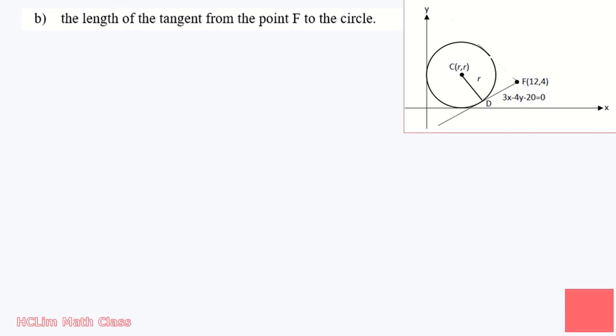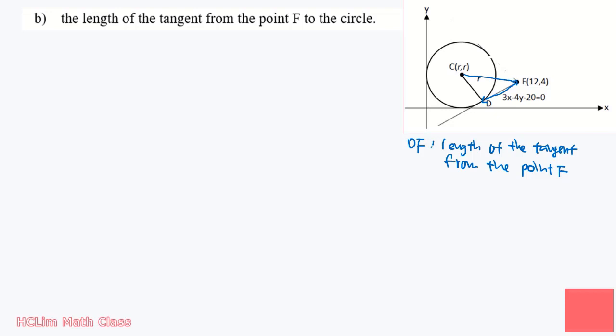In part B, we are going to find the length of the tangent from F to the circle. So this is the length that we are going to find, the length of the tangent from the point F. We may apply the Pythagoras theorem.